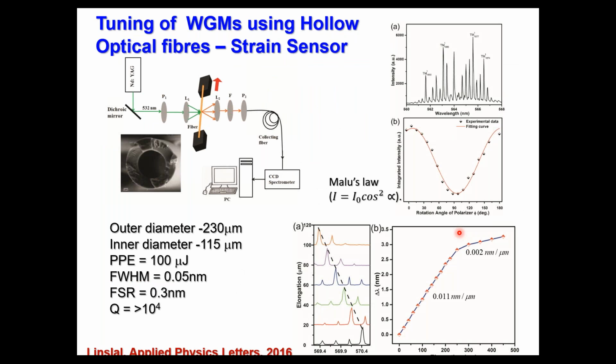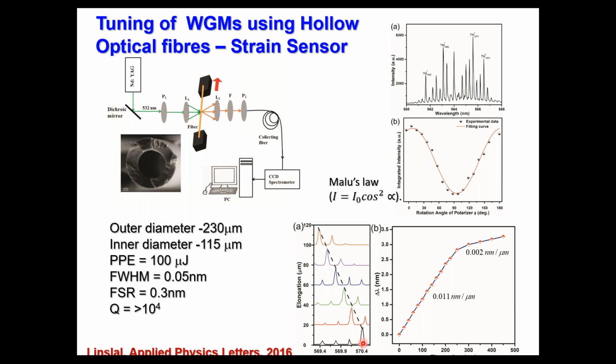So can we tune the WGMs by applying a strain? For example, you have this hollow polymer optical fiber, the same image of that, and a strain is applied. This is the fiber piece, and a strain is applied in this direction so that the diameter can be varied, and the spectrum was continuously monitored.